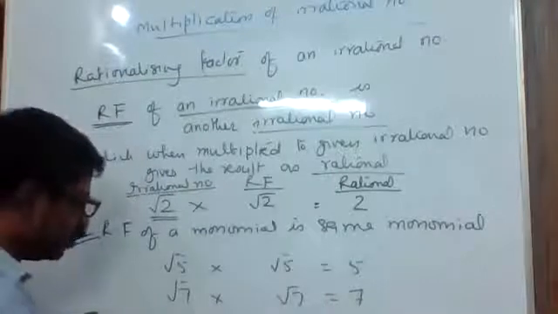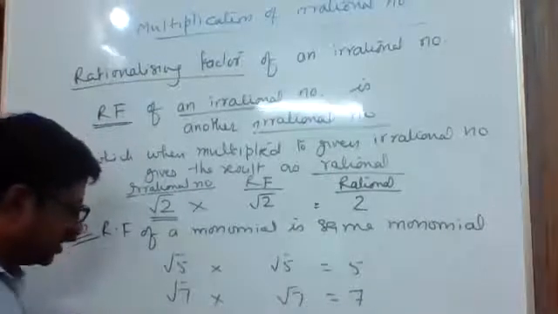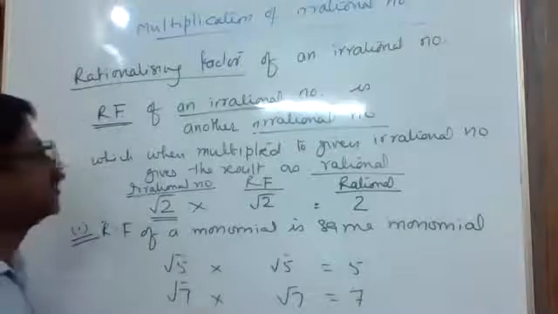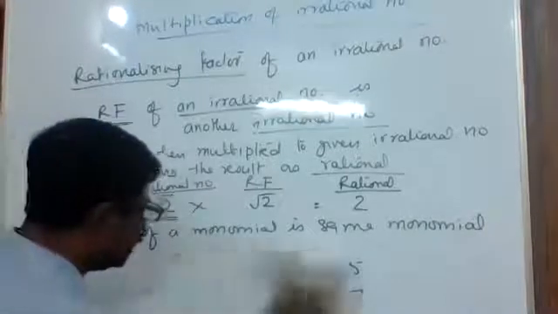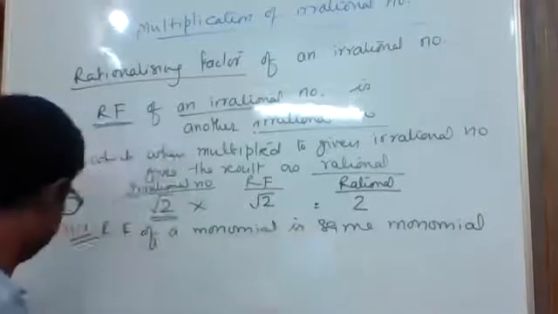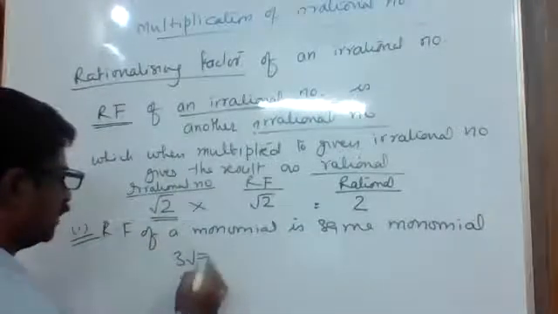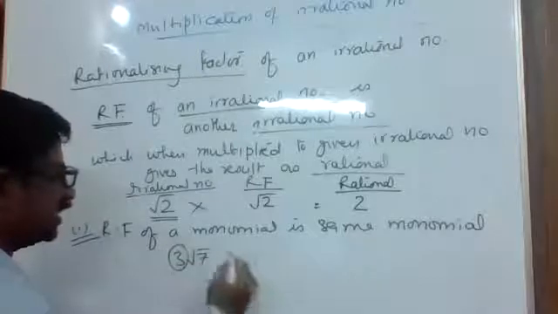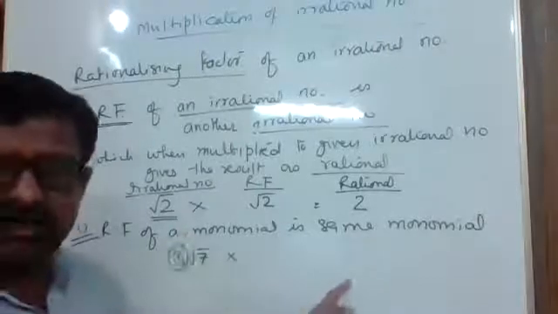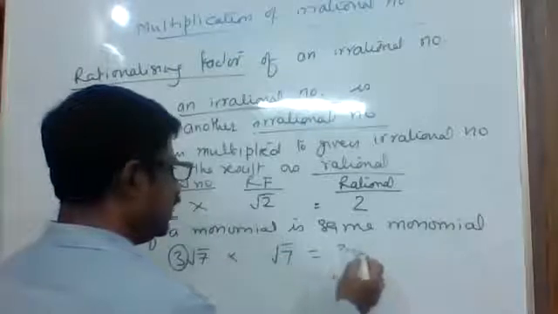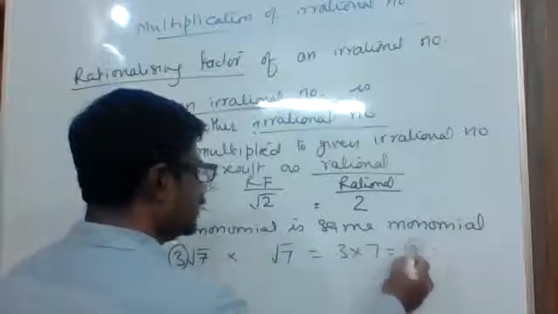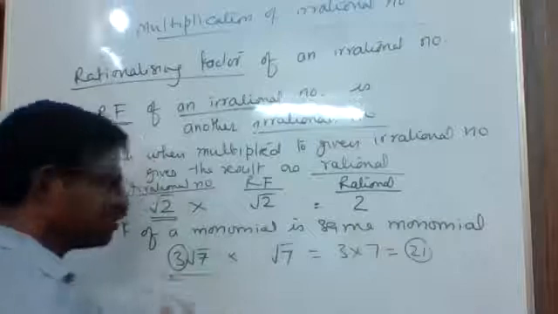If you are taking 3 root 7, 3 is already a rational number. Therefore, you don't have to make it rational. Then what has to be multiplied to this 3 root 7? Root 7. 3 into 7 becomes a rational number. Therefore, what is the rationalizing factor of 3 root 7?